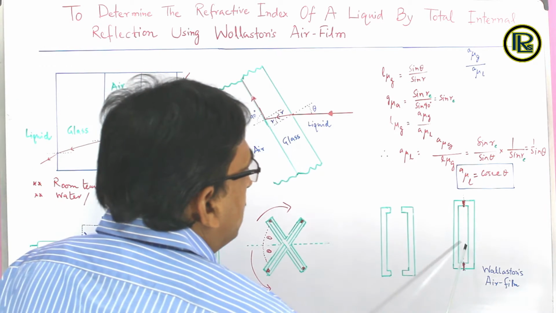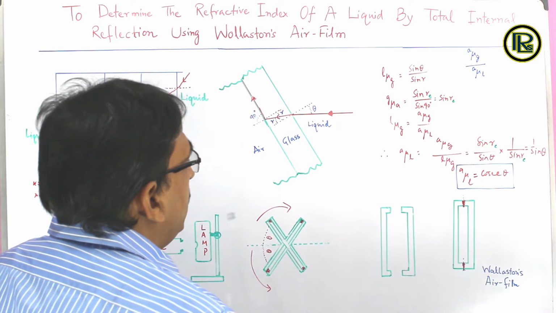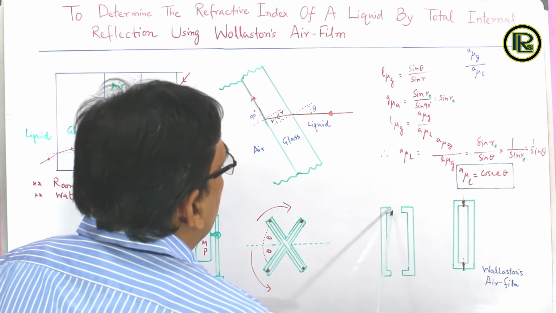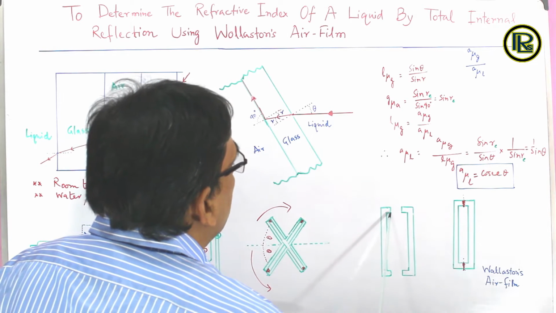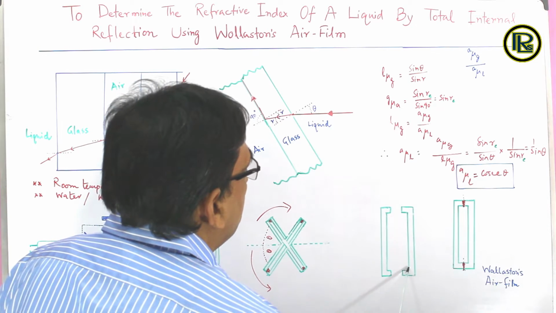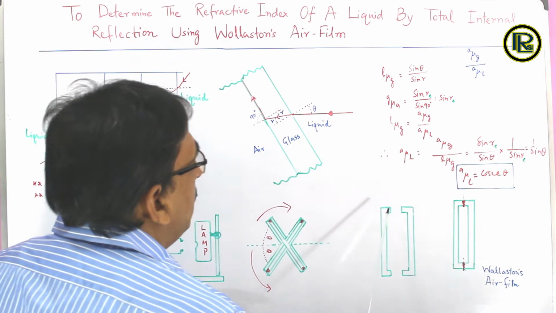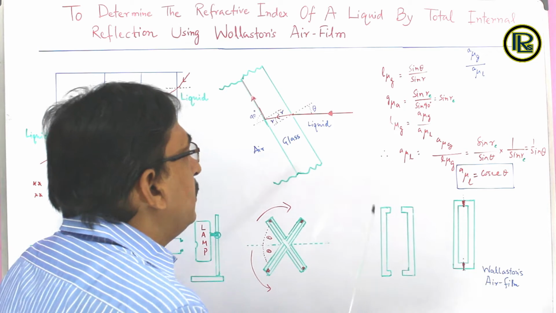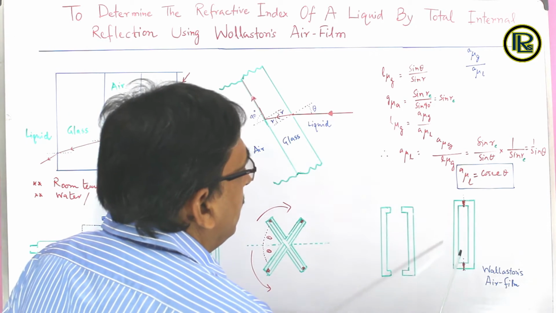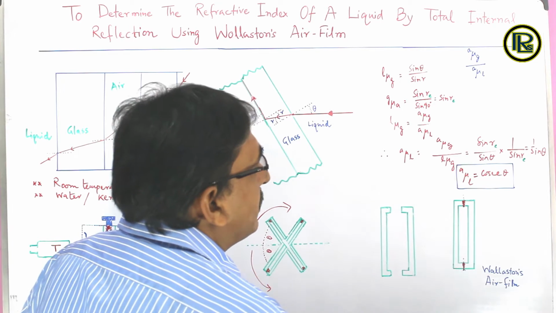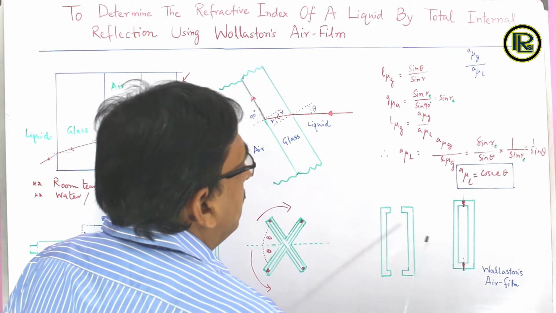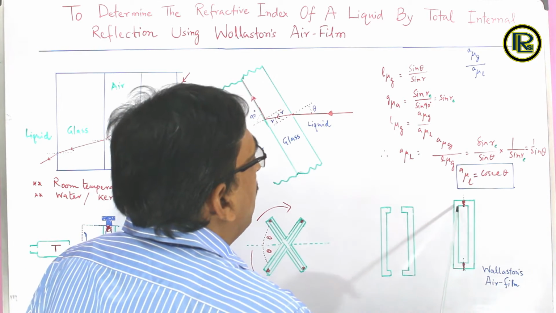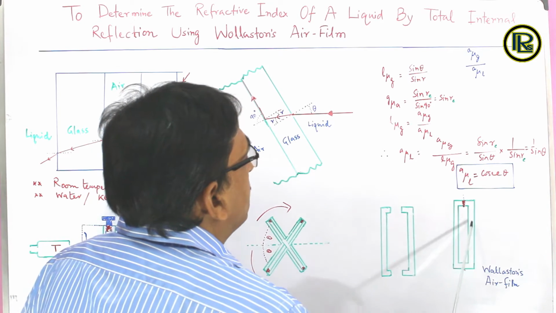This is the Wollaston's air film. We take two pieces of glass plates and we make some depression or some groove over here, and then we join them with the help of good quality glue such that air inside gets trapped and we get an air film inside this envelope of glass medium.